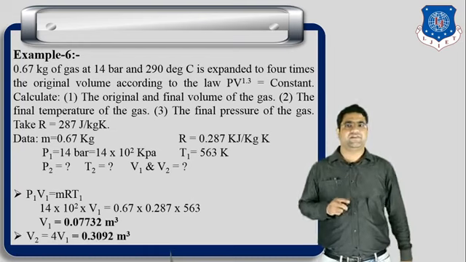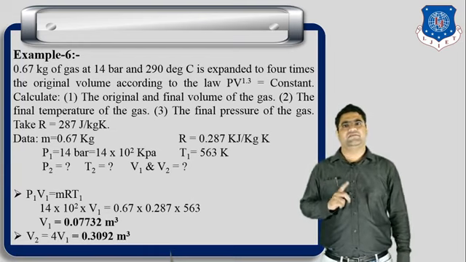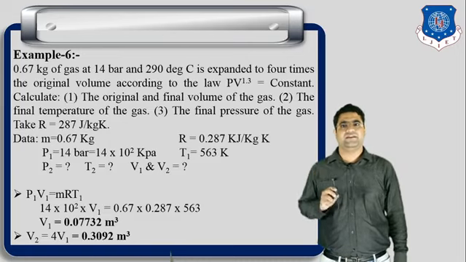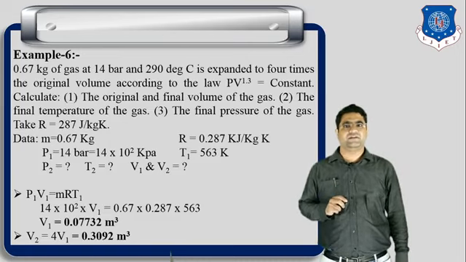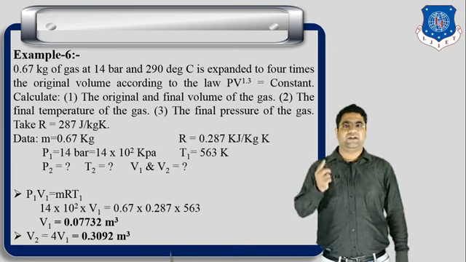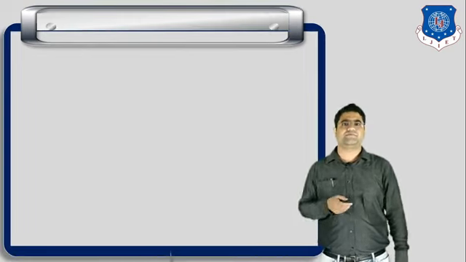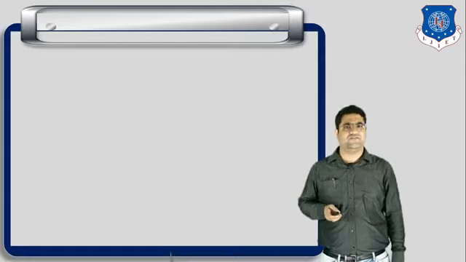Okay, so this is the value of V1. Now we know the relation between the original volume and the final volume. So we can write V2 equals 4 V1. If we multiply V1 by 4, then we get V2 equal to 0.3092 meter cube. Okay, so these are the original and final volumes.